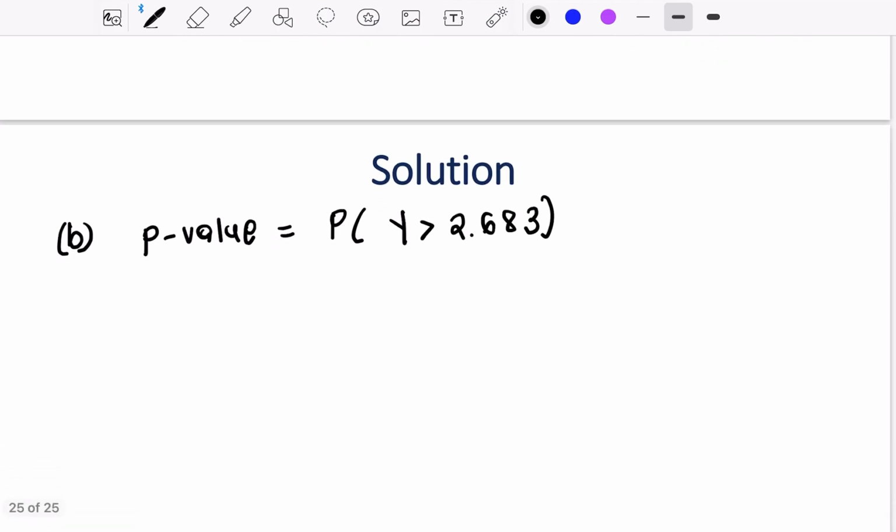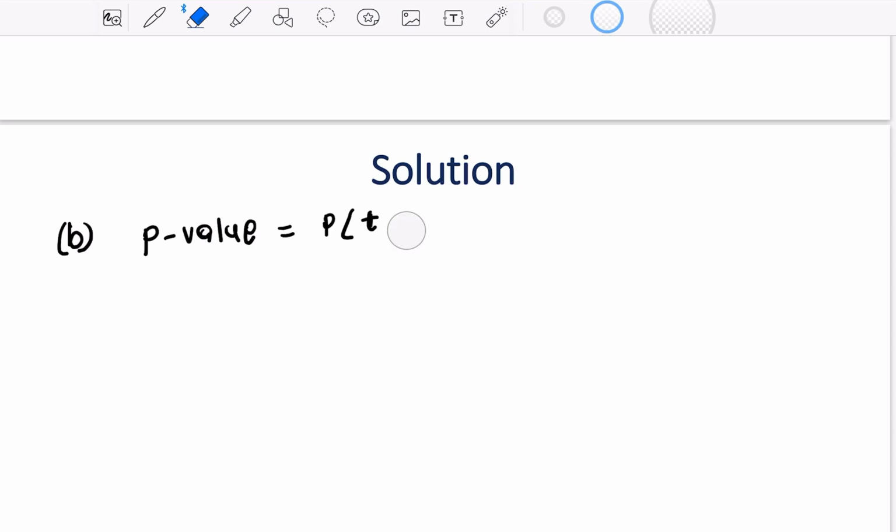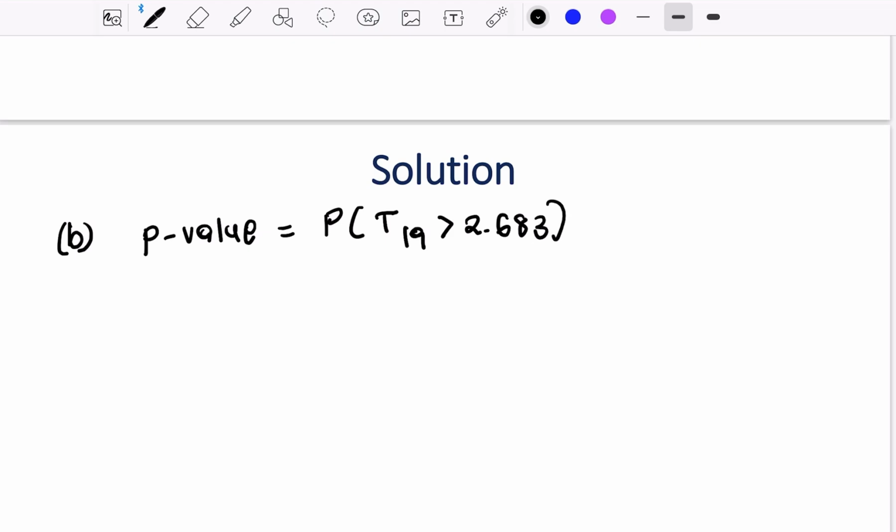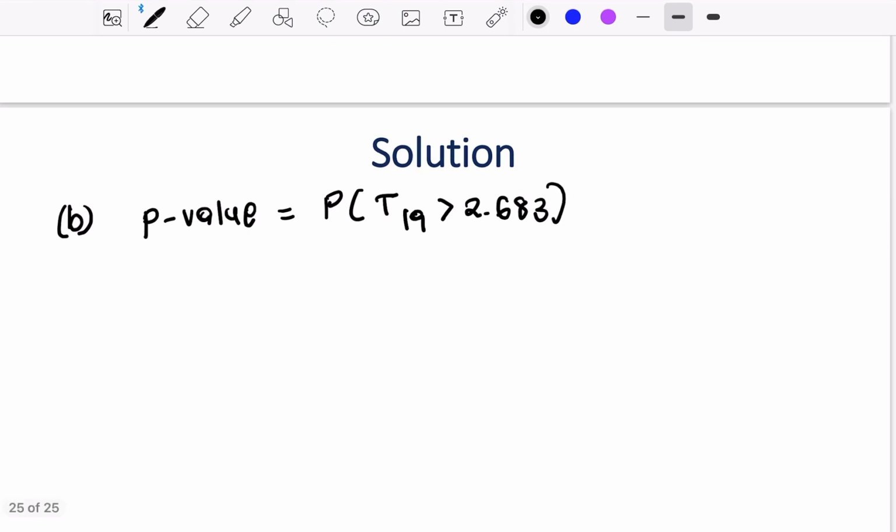Okay, so now for the t, not the chi-square: the probability that this t, with the t-distribution at 19 degrees of freedom, is greater than 2.683.